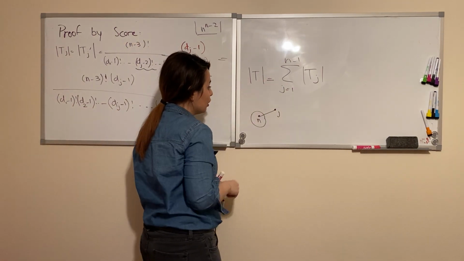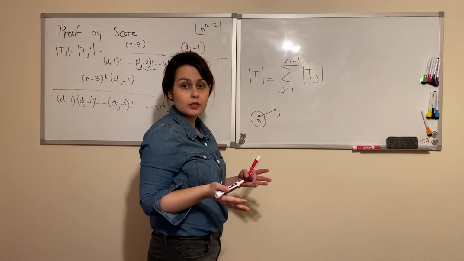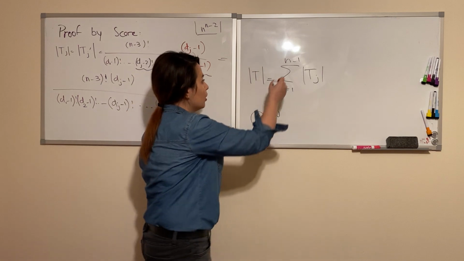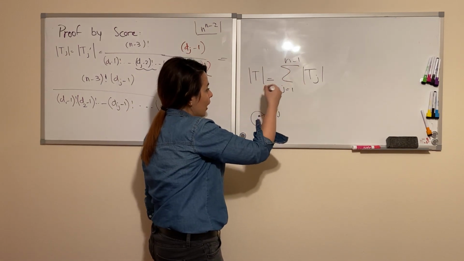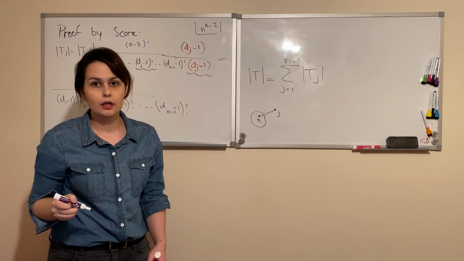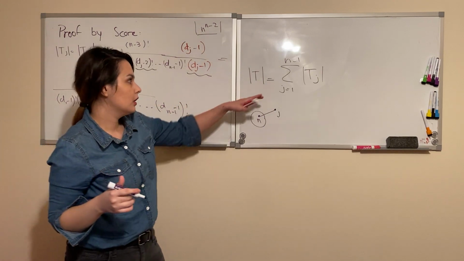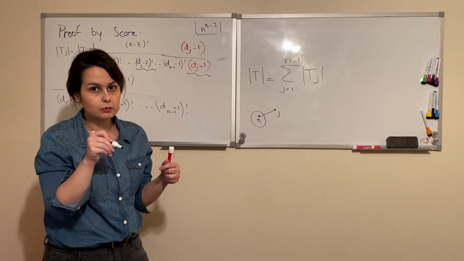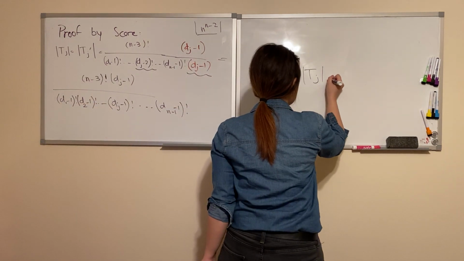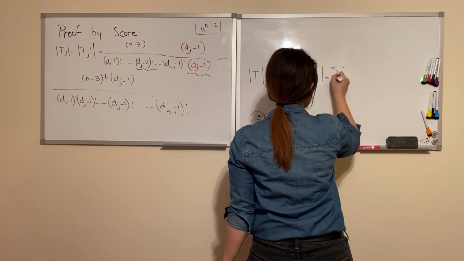Now for finding all of the trees for that degree sequence, what I need is to compute a sum for j equal to 1 to n minus 1, because it covers all the possibilities for what vertex n is connected to. And let's see what is the result.